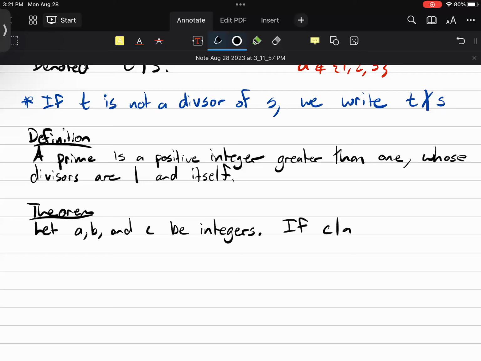If C divides A, and C divides B, then C divides A plus B. And this makes sense. Can someone give me an example of where this works, choosing A, B, and C?